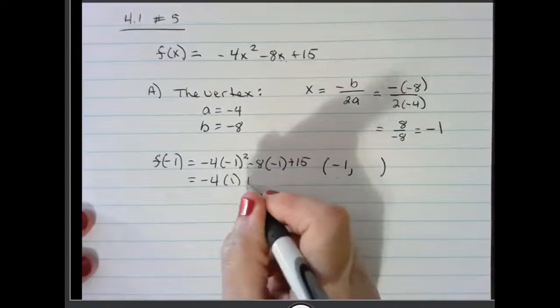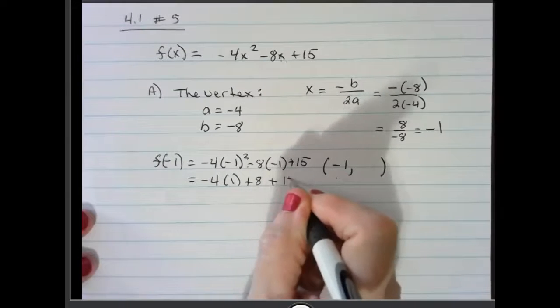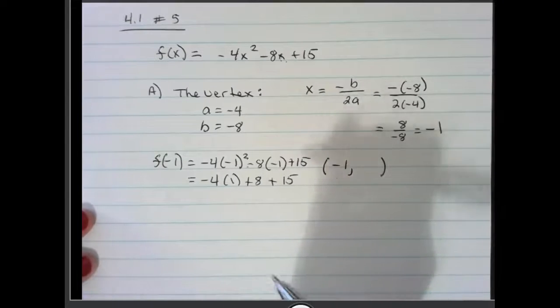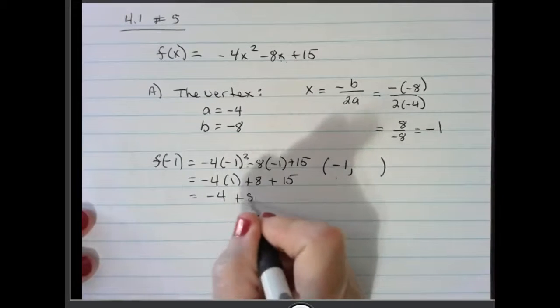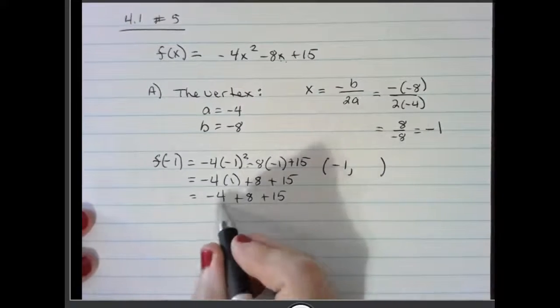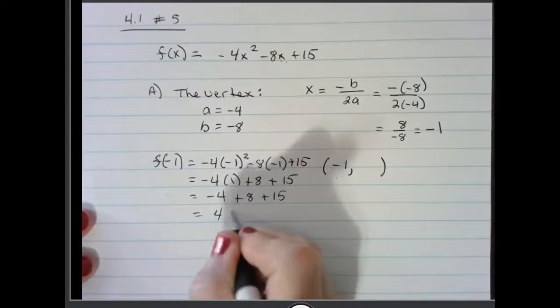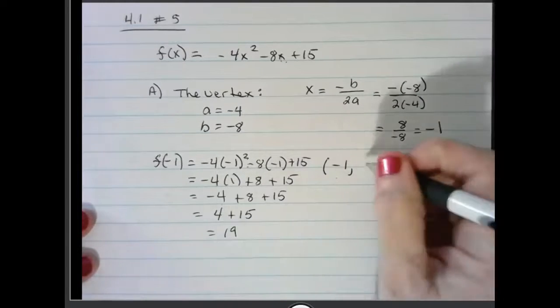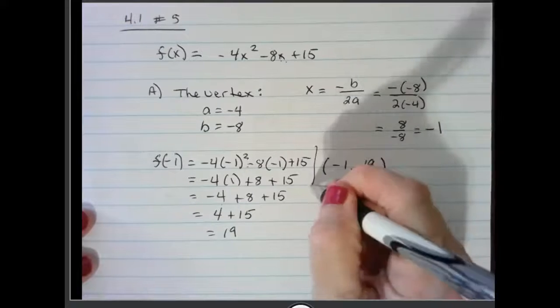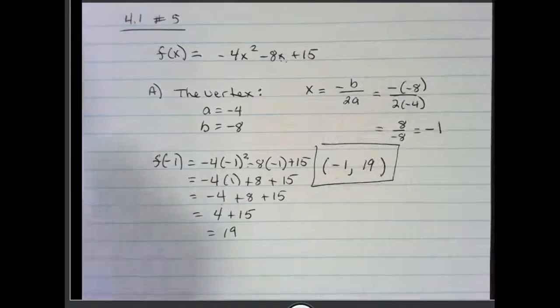A negative and a negative gives me a positive 8. I have negative 4 plus 8 plus 15. Well, negative 4 plus 8 is 4, plus 15. So it looks like I get 19. So my vertex is negative 1, 19.